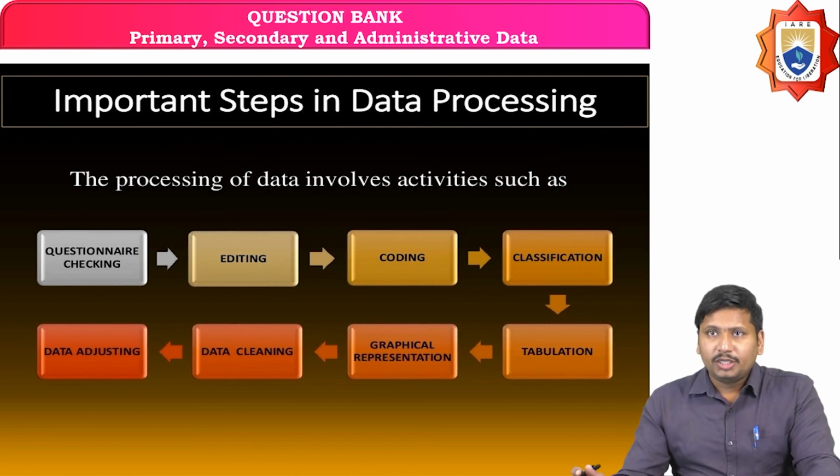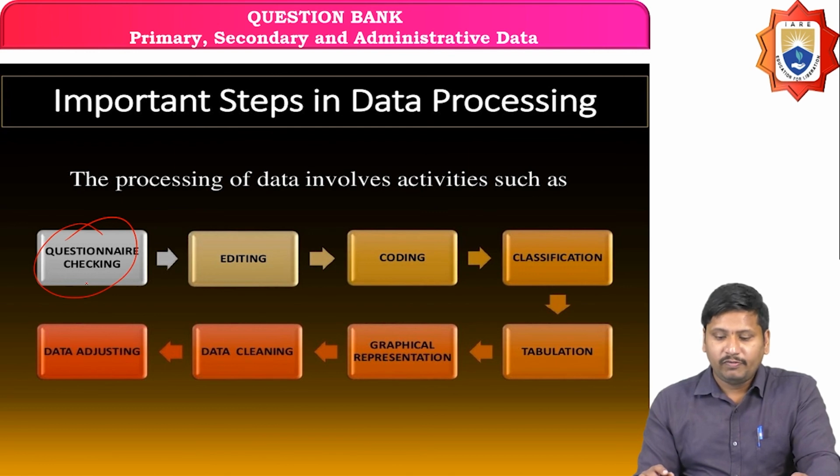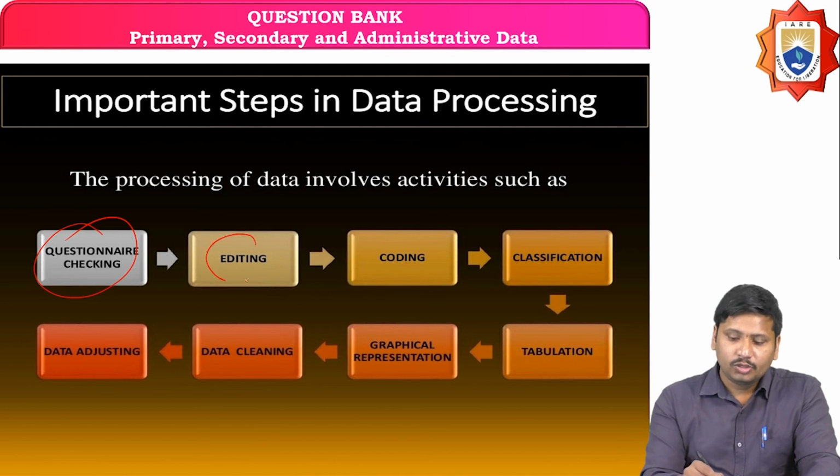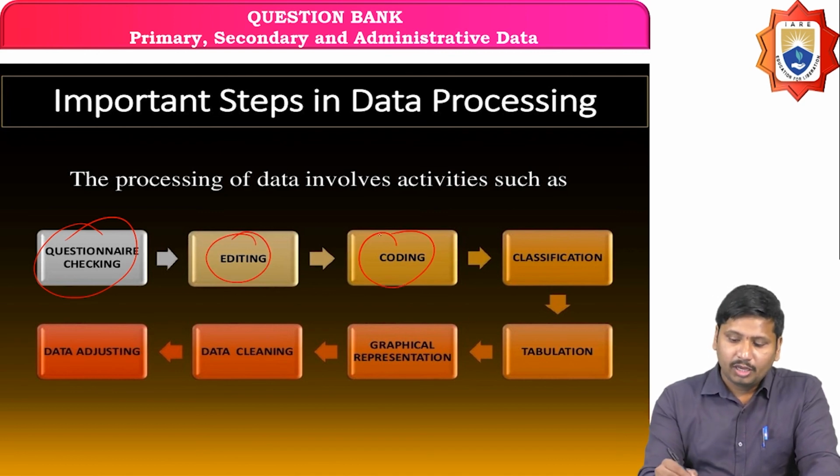So what are the important steps to be considered in data processing? The very first step is questionnaire checking, in order to extract the data. Then the second step will be editing, and the third step will be coding.